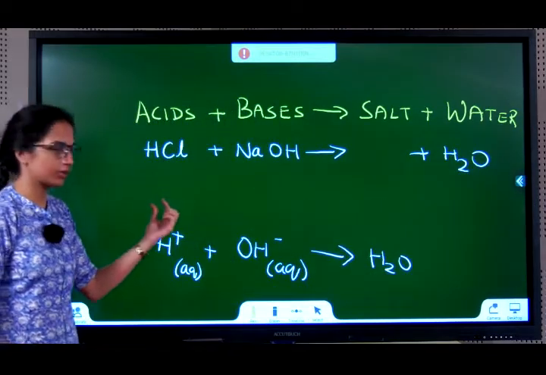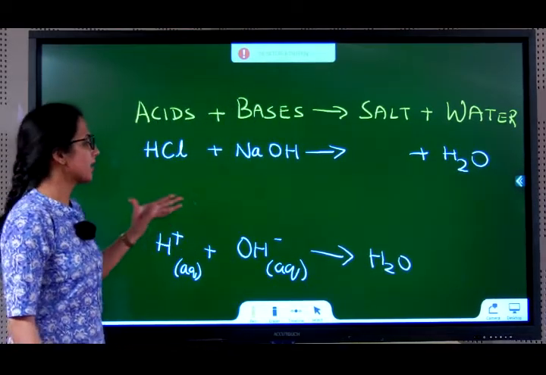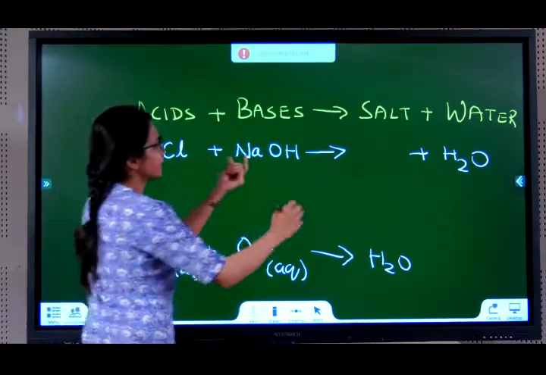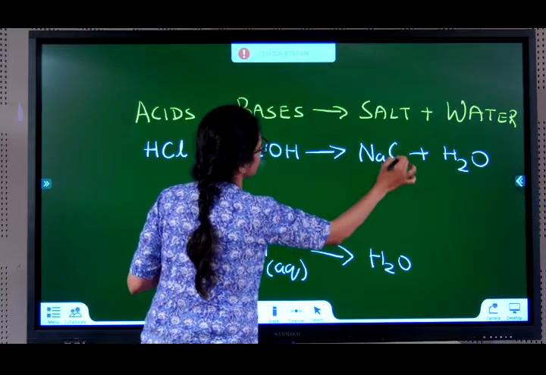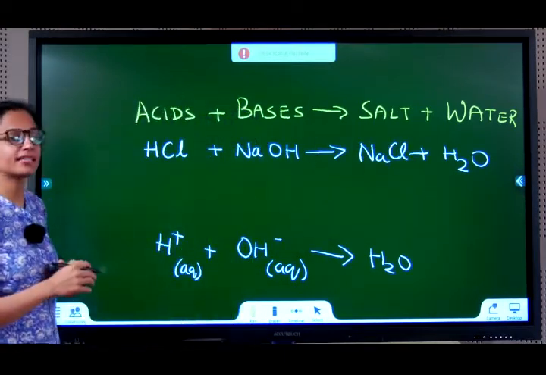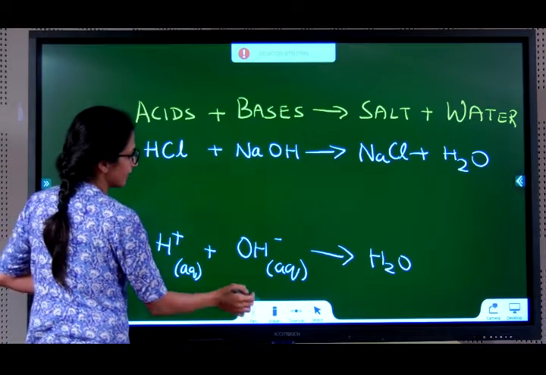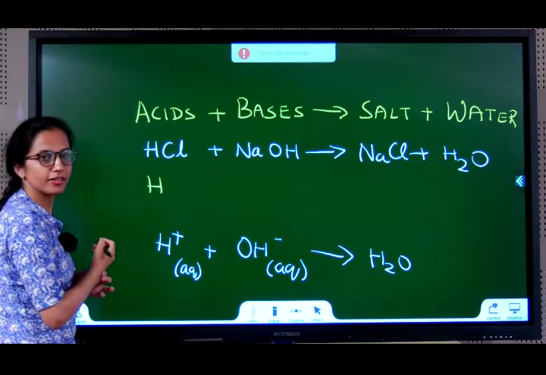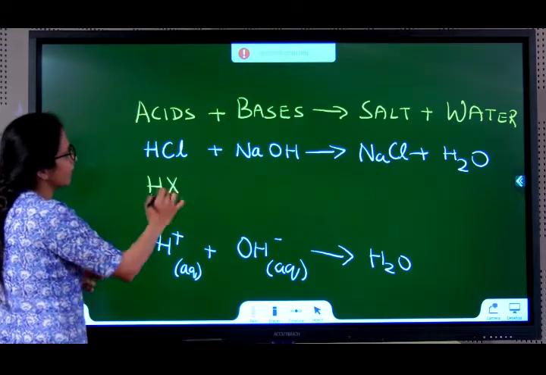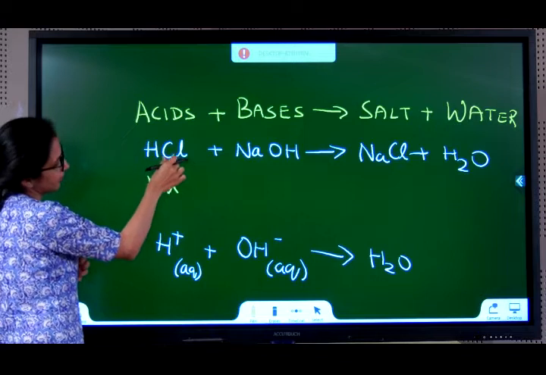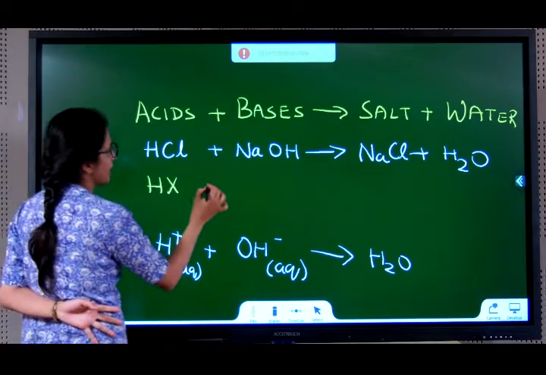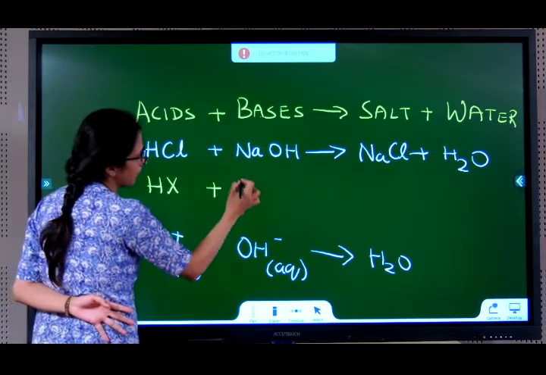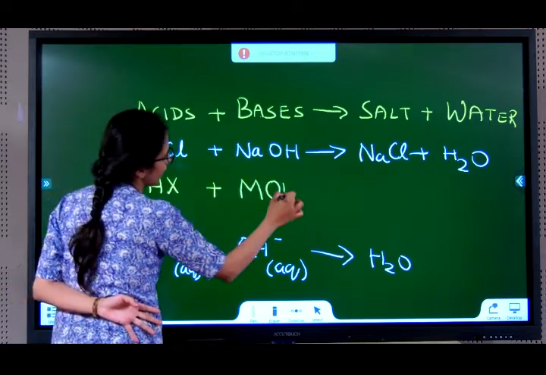H plus is coming out here, OH minus is coming out here, H plus and OH minus combine to give water. The remaining ions are Cl minus and Na plus. So Na plus and Cl minus becomes NaCl. Generalizing this equation, we can say an acid always has H in it. With H, let's say the non-metal part, the negative ion, is X. If I have the base here, the positive ion is usually a metal, so I'll denote it by M. Along with that, I have OH.